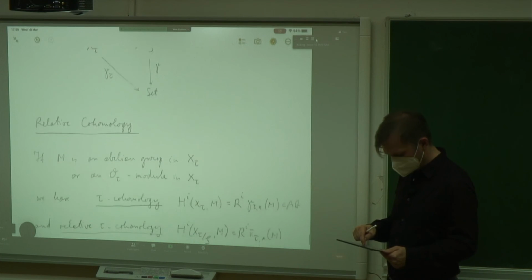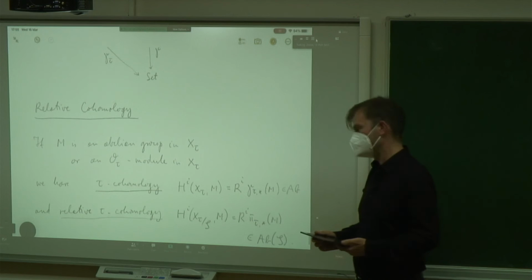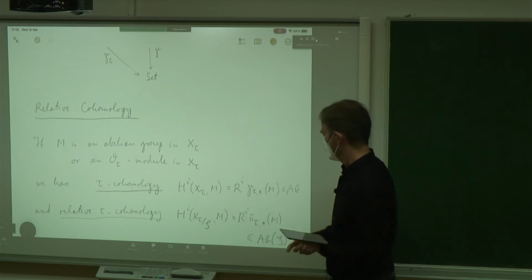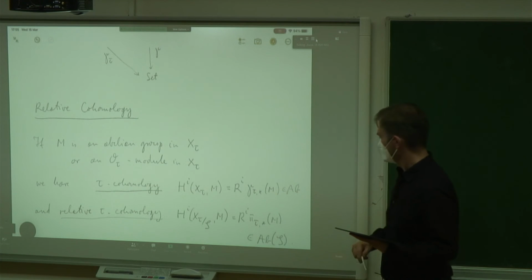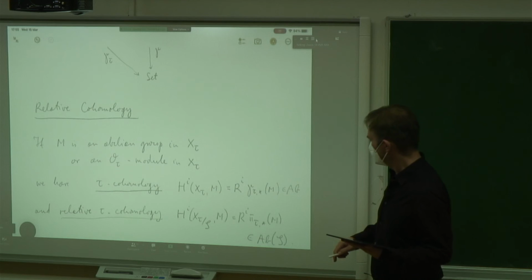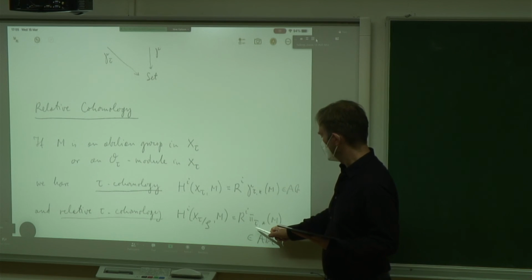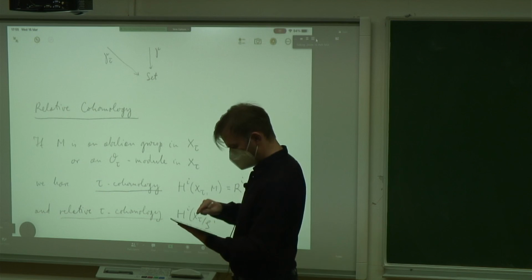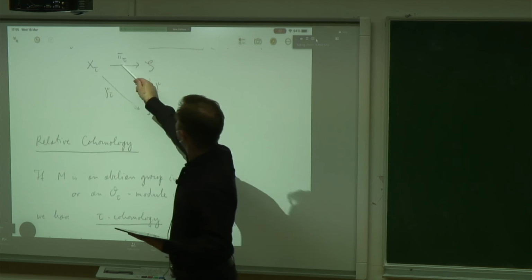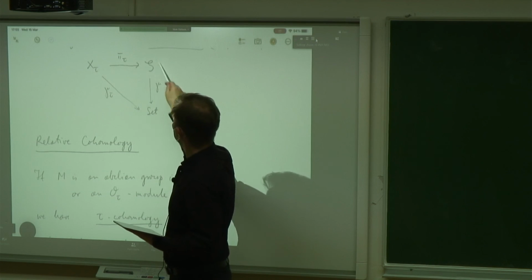However, relative tau cohomology, which I denote like that, is obtained by taking the higher direct images along pi tau, along this guy, and it lands in S.